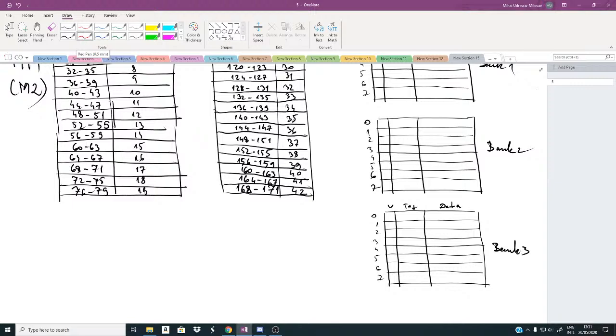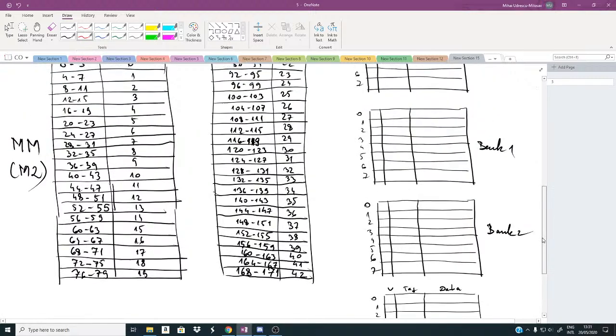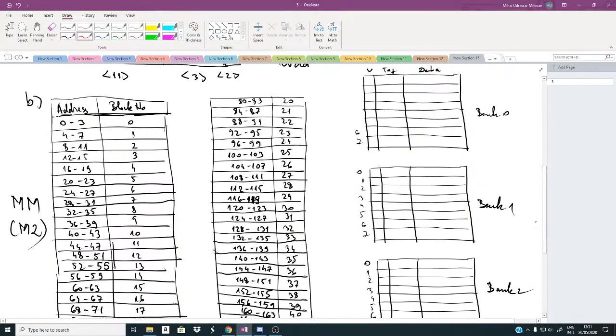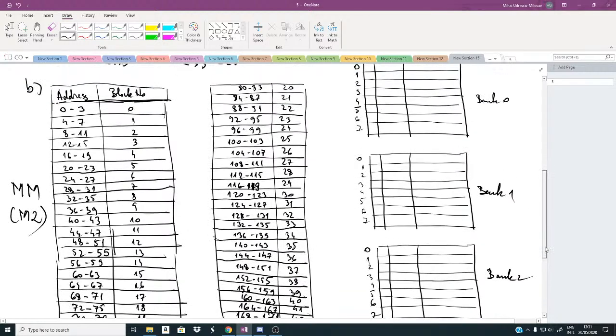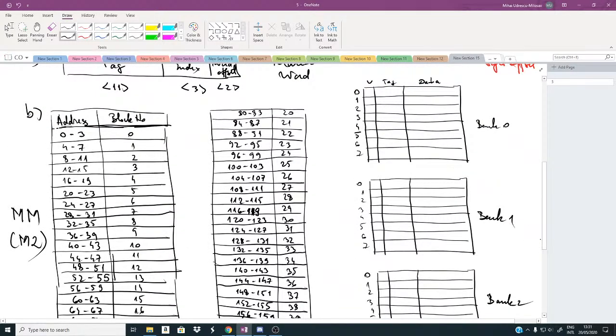Now, the first thing I look at when I'm trying to read something is the cache. So it needs the instruction from address 30.